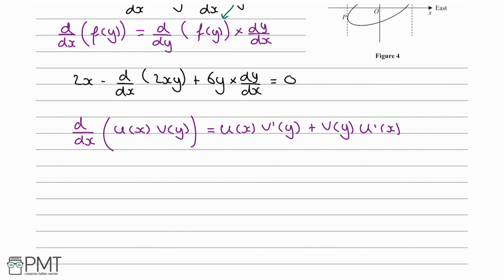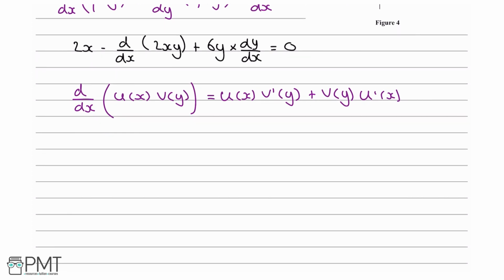So what we need to do first is find u(x), v(y), and by extension the derivative of u(x) and the derivative of v(y), okay? So I'm going to say that u(x) equals 2x and v(y) equals y.